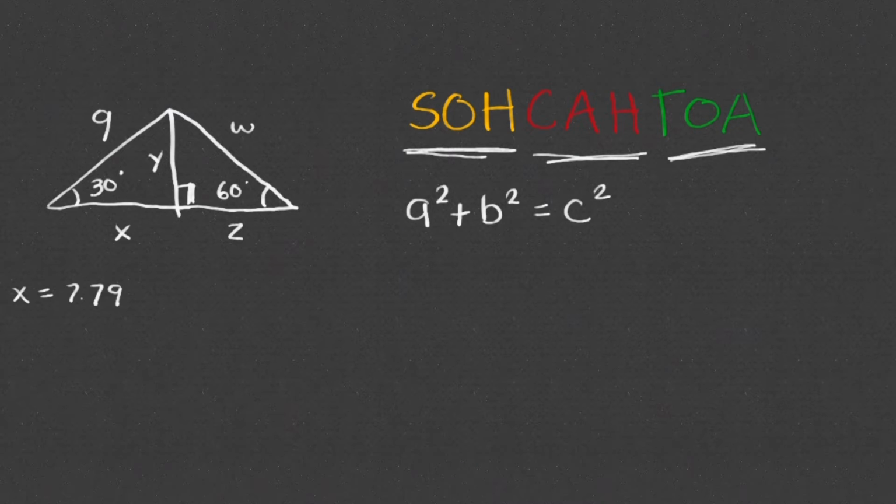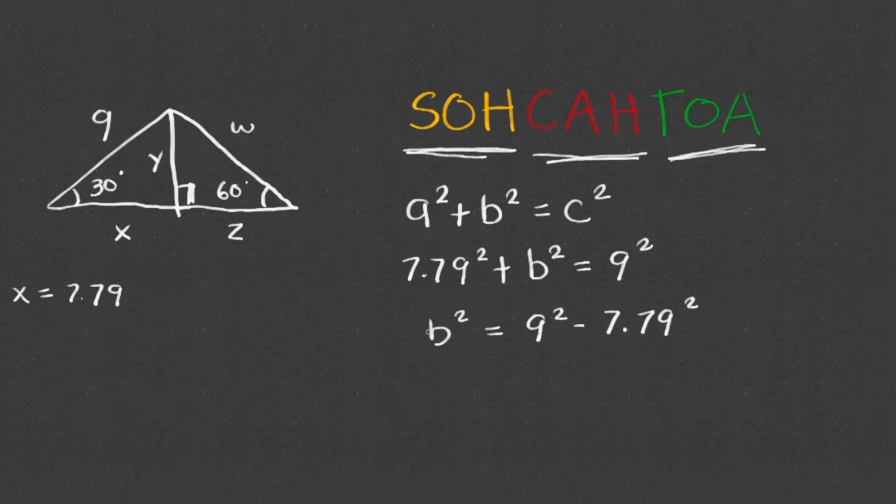In this case, let's make a the x, which is 7.79, plus b squared, which is missing, equal to the hypotenuse 9. Let us transpose the x to the other side, which will become negative. So the equation will be b squared is equal to 9 squared minus 7.79 squared. Then you find the square root of both terms. Therefore, b will be equal to 4.5.